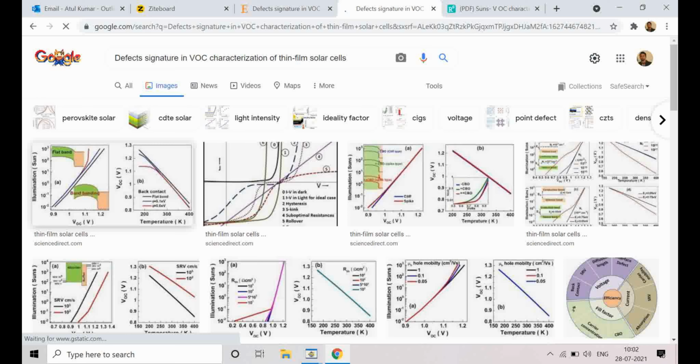Saturation is being shown. So these two are pointing to one particular issue in the device. Those kinds of studies are suitable and one can do them.